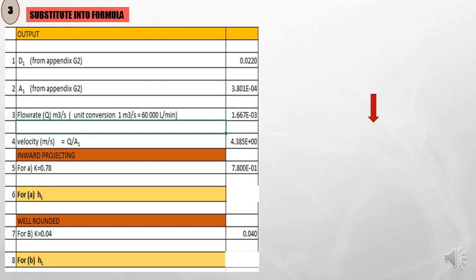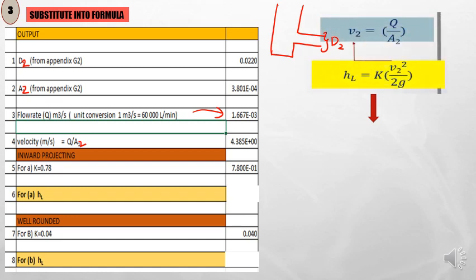Sorry, this one I refer to as D2 and A2 because the flow moves from a reservoir into a pipe, so it is labeled as D2. We convert the flow rate into SI units, and then we can get the velocity with this formula. A we also have already, so we will be able to get V2.